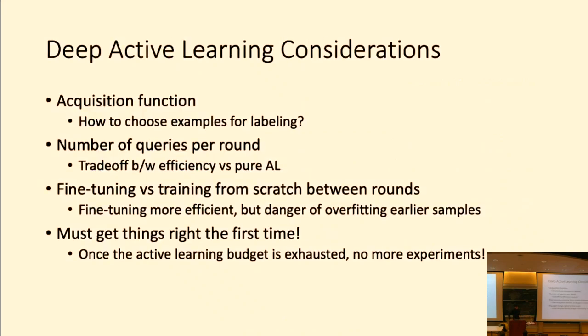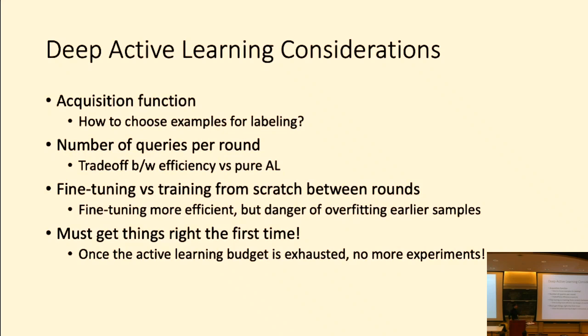So in the conventional active learning approach, going back to pool-based active learning for standard kinds of machine learning problems, we have a number of questions we have to ask. One is just, what is our acquisition function? How are we going to decide which examples to label at each time? We have a question about how many queries we want to grab per round. How many examples do we want to sample for querying per round? There's a bit of a trade-off here.